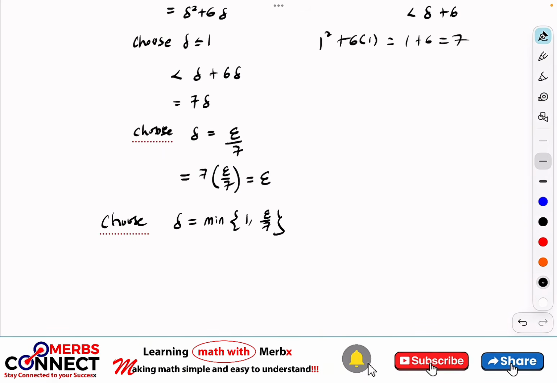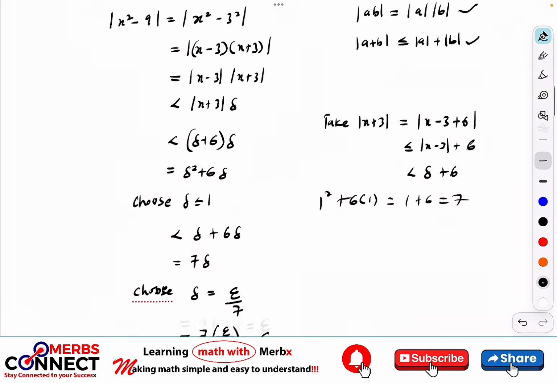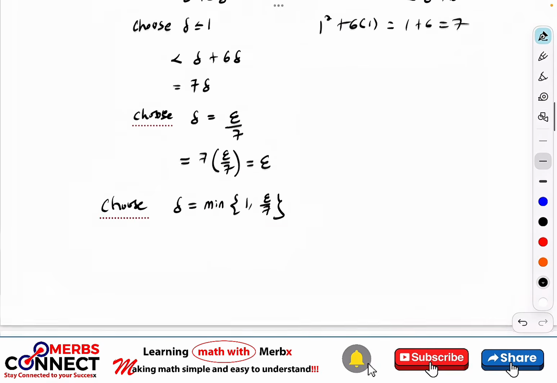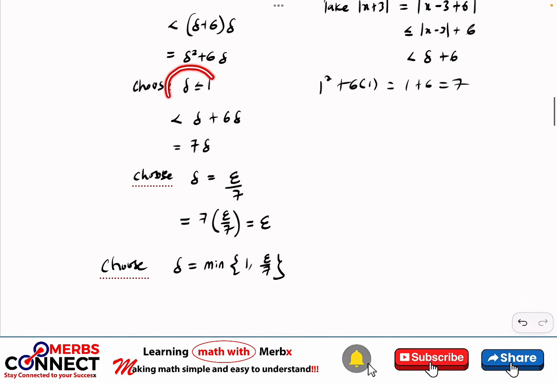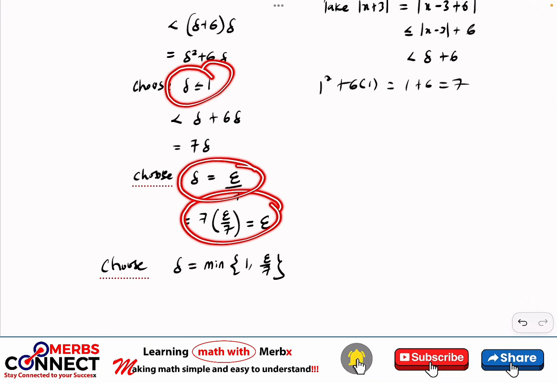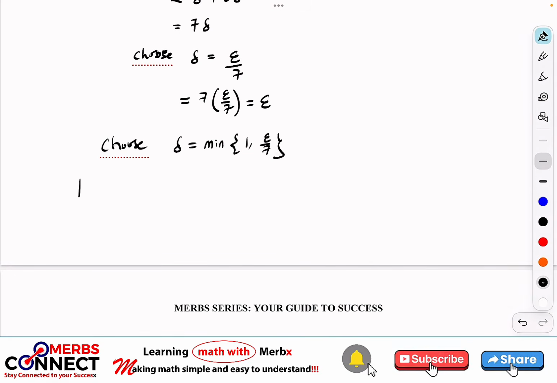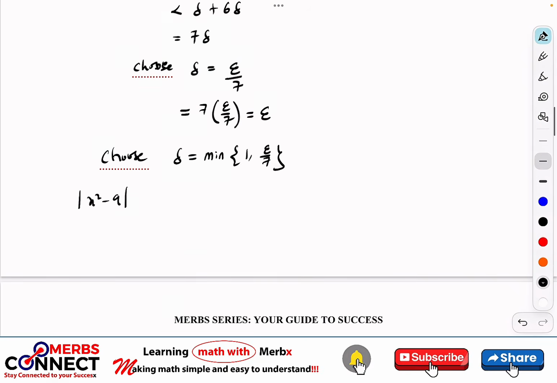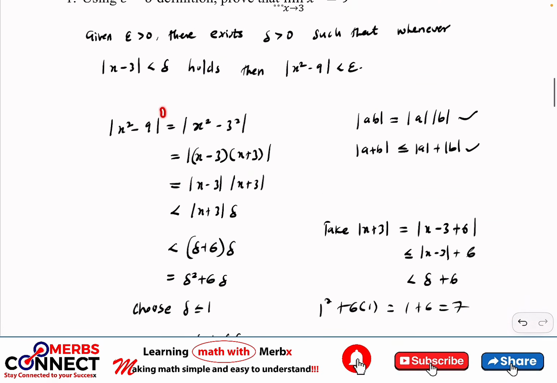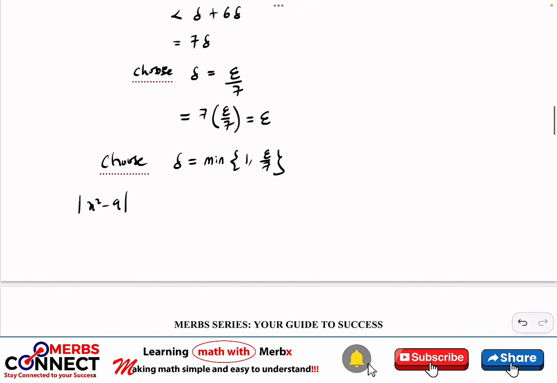So when I choose the minimum of this, then now I can conclude for this. So I'm choosing the minimum of the two deltas that I chose here. So this is going to be absolute of x squared minus 9. So from here, we are up to here.